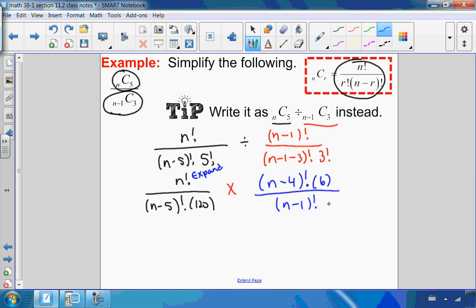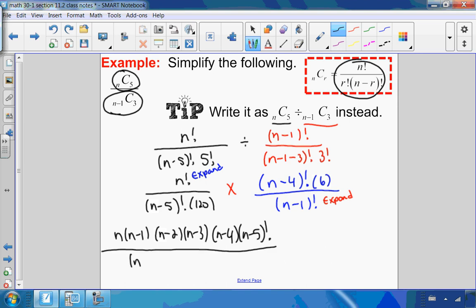Over here, you expand the bigger one, which in this case here is in the denominator. And then I'll write it as one big fraction. So I'm going to expand the n. So n, 1 less, 1 less, 1 less, 1 less, and 1 less. And then I can stop because I have a match in my denominator.